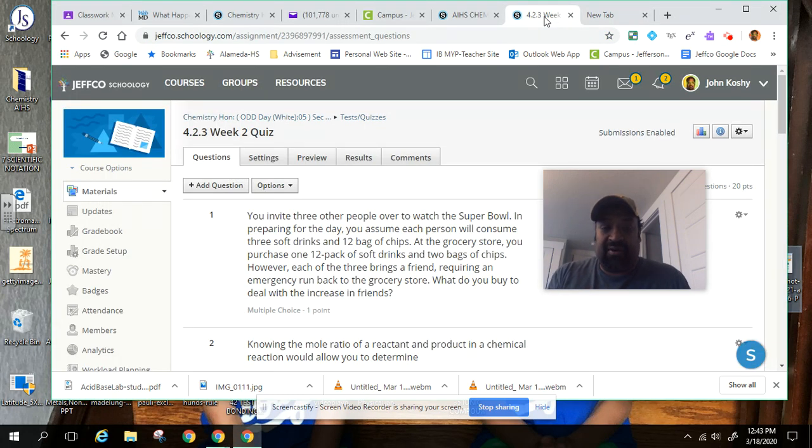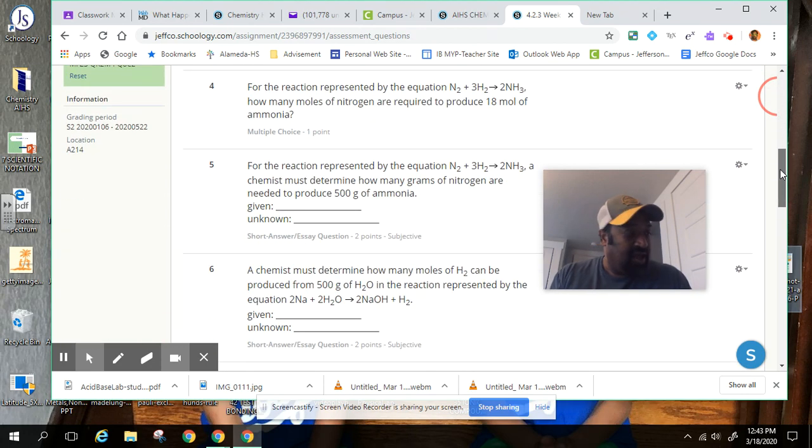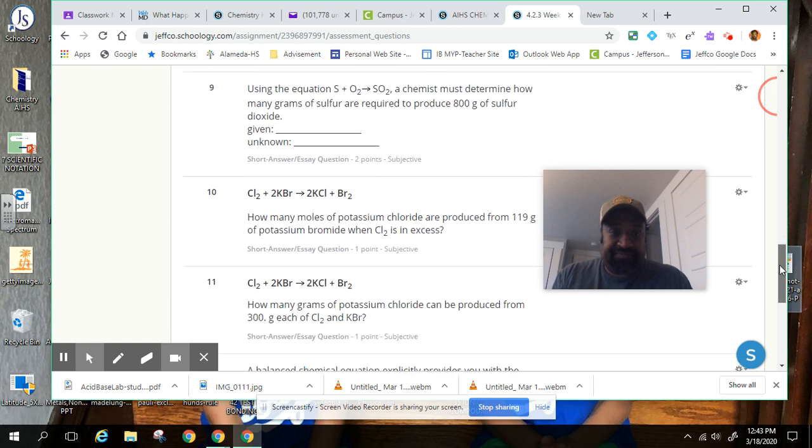Let me go to number 10, where they give you the balanced equation right here. Cl2 plus KBr. KBr is potassium bromide. Hope some of you have a periodic table at home. Yields 2KCl plus Br2.